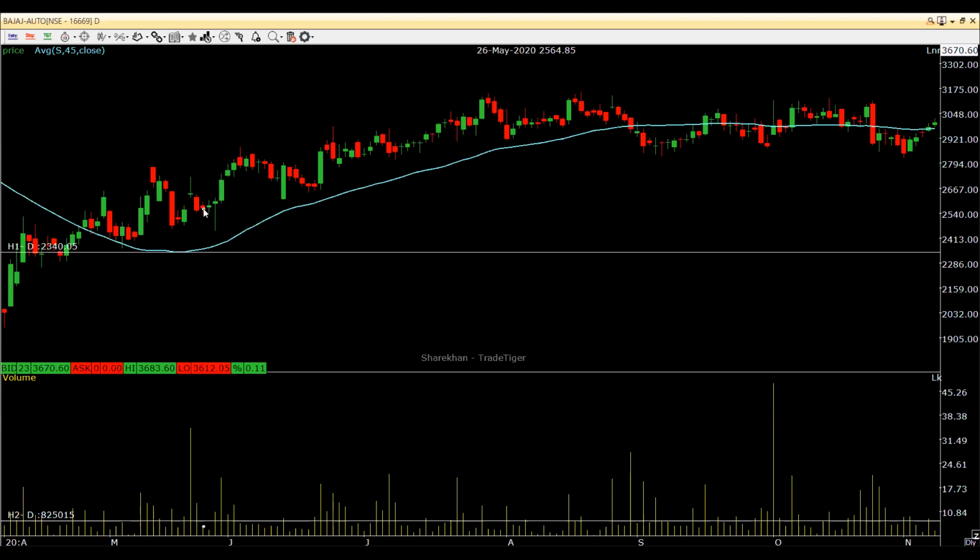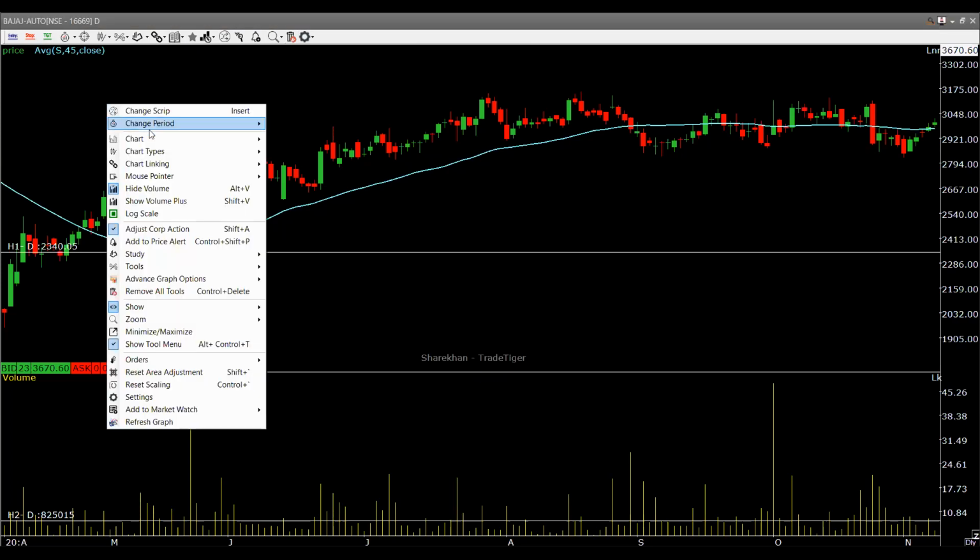But this is not the lowest point in this entire setup. The lowest point was somewhere here, right? This point. So between these three, now I don't have, this is Ravindra's login. So I don't know whether, one second. I have the pitchfork tool in this.